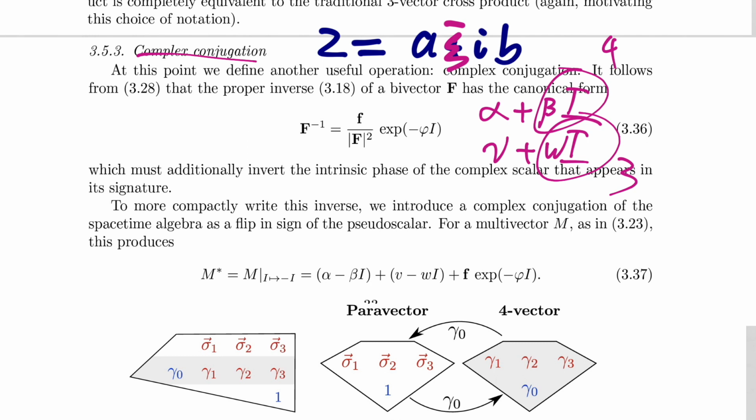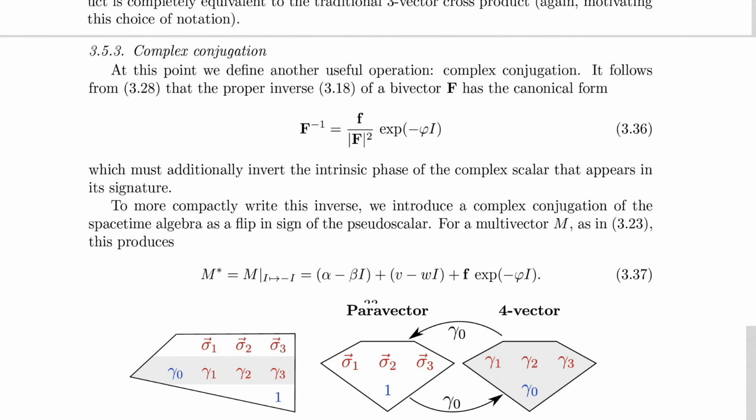Now take note, there is something important to understand here: there are a couple of different things in our geometric algebra whose square is -1. We definitely know that gamma 0, 1, 2, 3 squared is -1. But also take note of, say, gamma 0, 1.